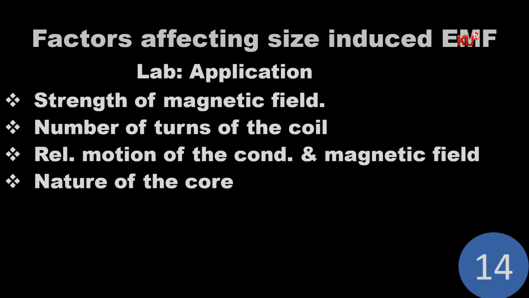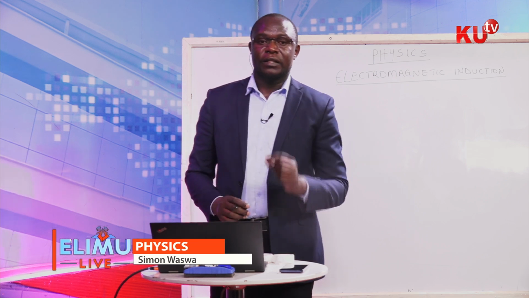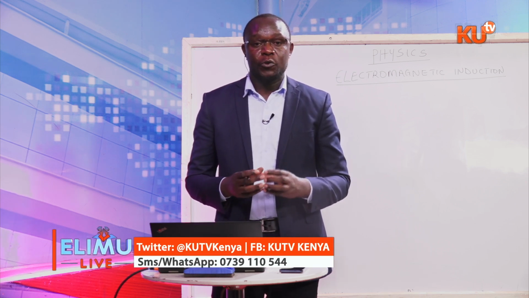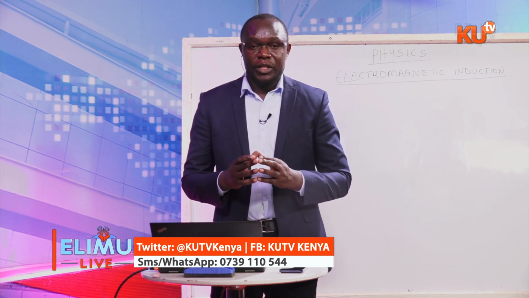And so what happens if we increase the number of turns of the coil? So we are using 2 coils. Now I increase to 3 turns. So we move the bar magnet in again. So increasing the number of turns of the coil means that we make more charges available to interact with the induced electromotive force.